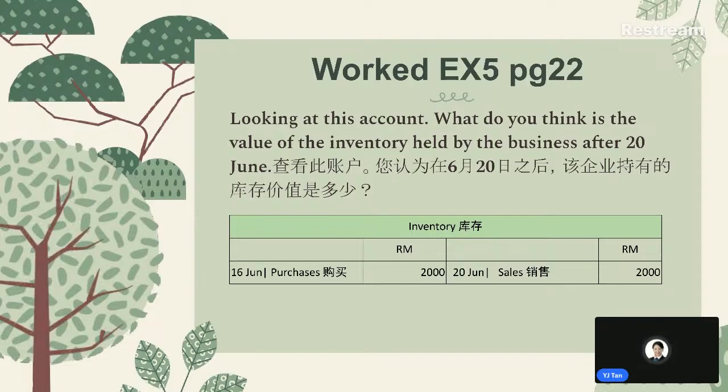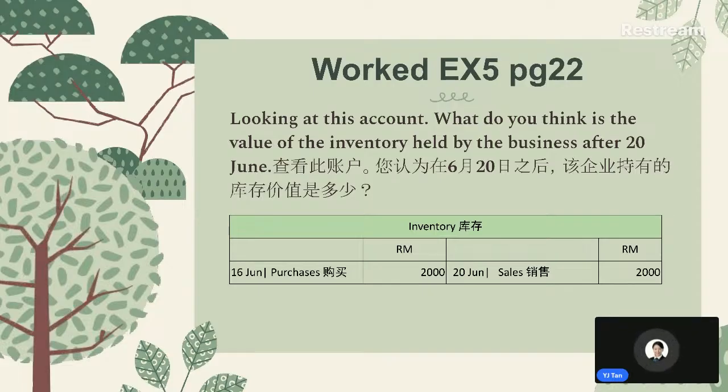All right, so let's look at one example of this kind of trader account. Looking at this account, what do you think is the value of inventory held by the business after 20th of June? In this example, on 16th of June there is a purchase of 2,000. It means at that point in time the company has inventory valued at 2,000.